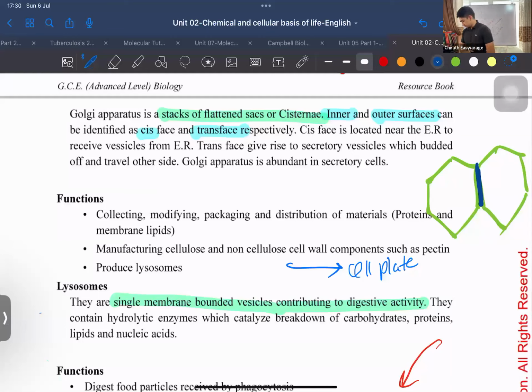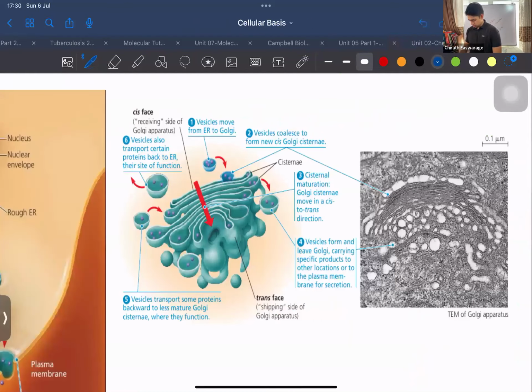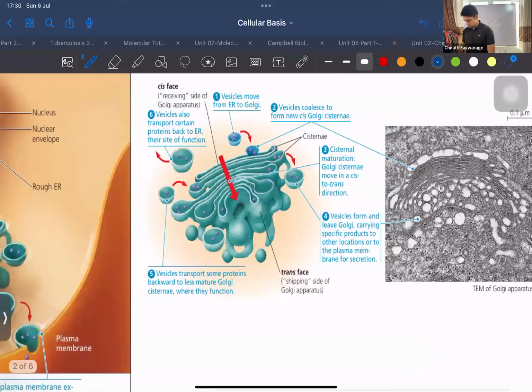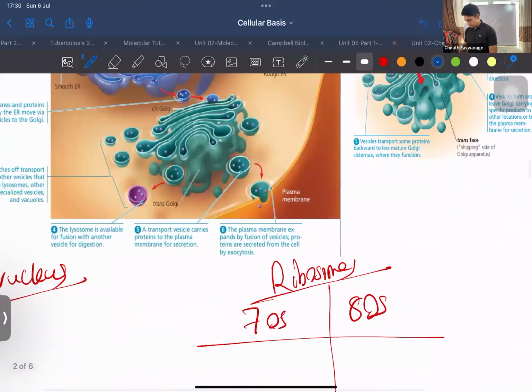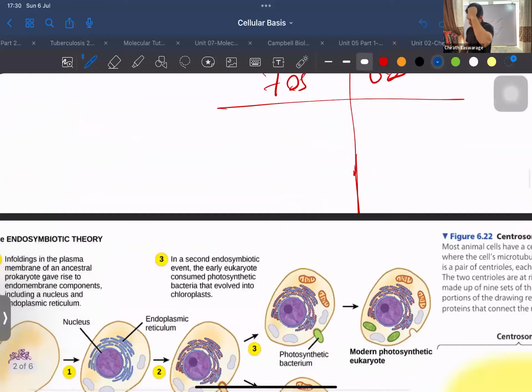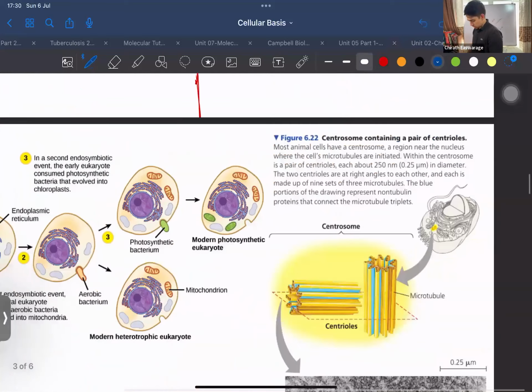Any questions? Any questions about Golgi? I'll give you questions to do. Any doubts? No, right? We can move on to lysosomes. About lysosomes, we can make a note here.